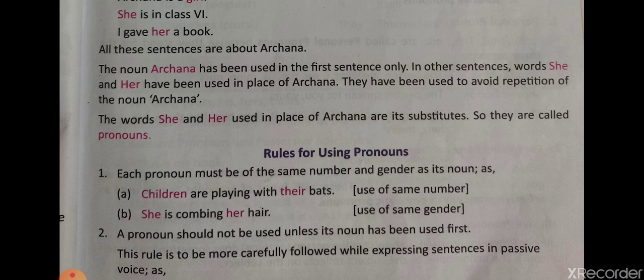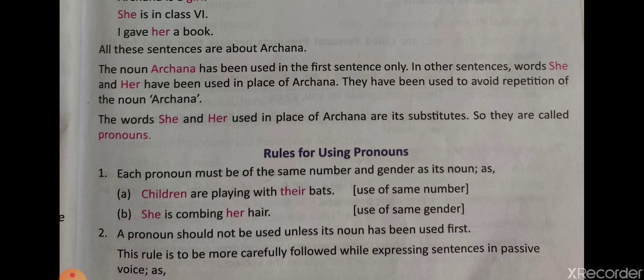Second is pronoun should not be used unless its noun has been used first. So we cannot use pronoun before we have used noun. Alright, so in the 5 sentences that I have told you about Ram, in the first sentence we have to use Ram only, and in the rest of the sentences we have to use he.